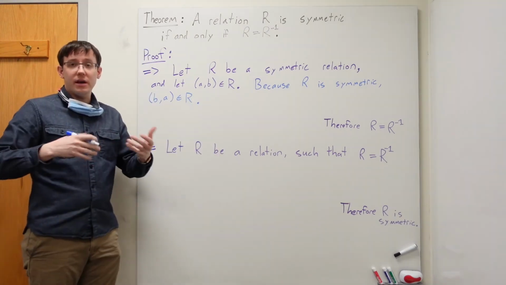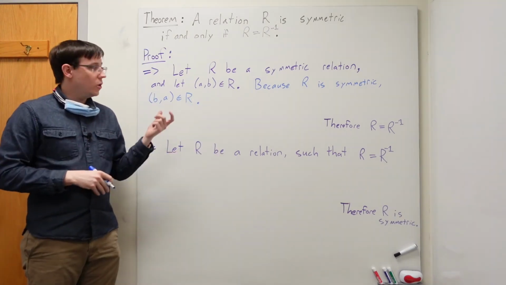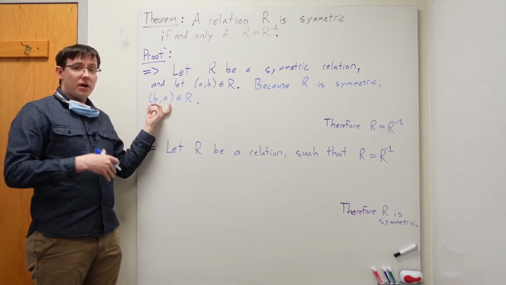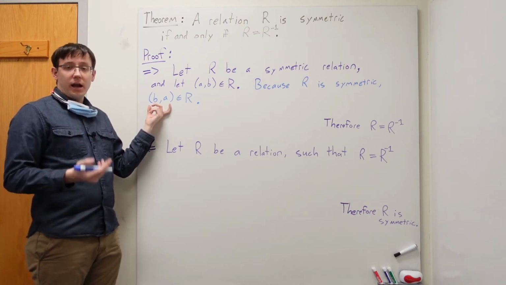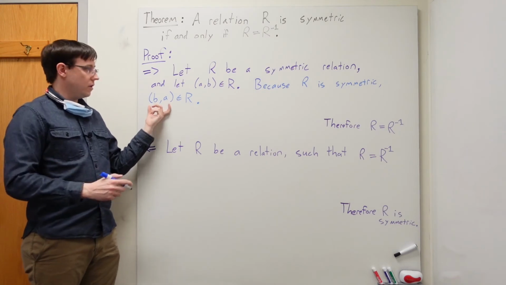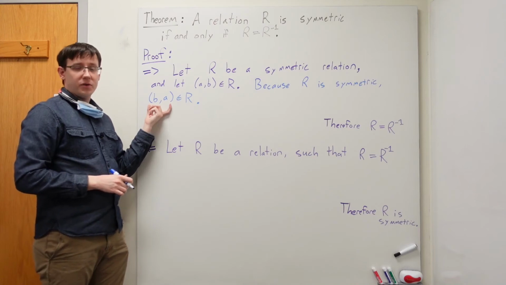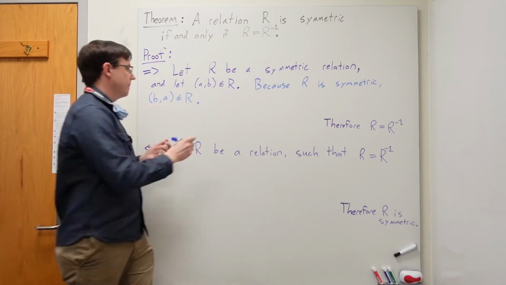And now, by the definition of R inverse, we know that the reverse of any element of R must be an element of R inverse, and in particular, the reverse of BA must be in the inverse relation.